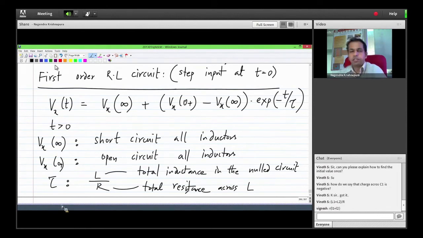Any questions about the way to find step responses in an RC or RL circuit?